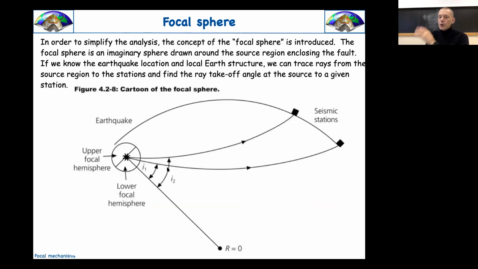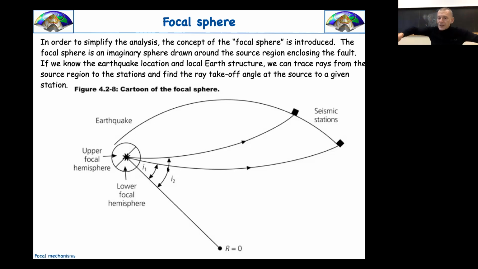No. Wait a second. You have to imagine to have the point source. You have to imagine to have a sphere around it. From that point, a wavefront is starting, the P wave, okay? Now, what is the wavefront? Every point of a wavefront is representing a ray.